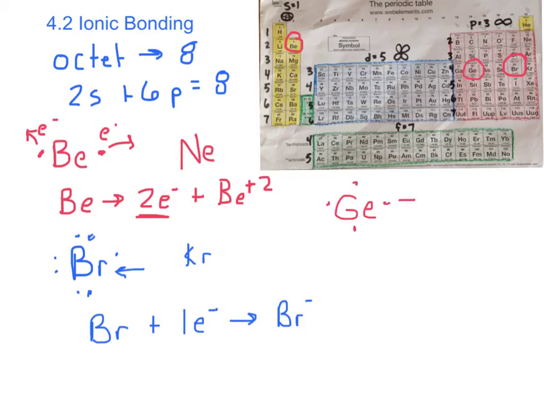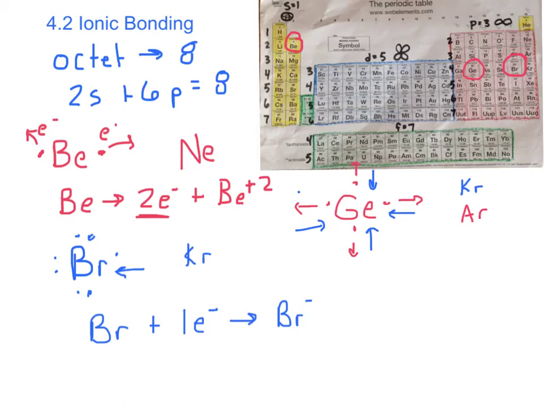It could lose 4 electrons, or it could gain 4 electrons, just as easy. So it could become like the noble gas krypton by gaining electrons, or like the noble gas argon by losing electrons.